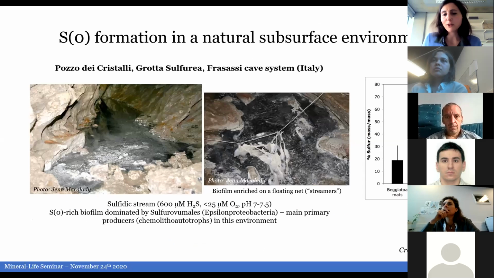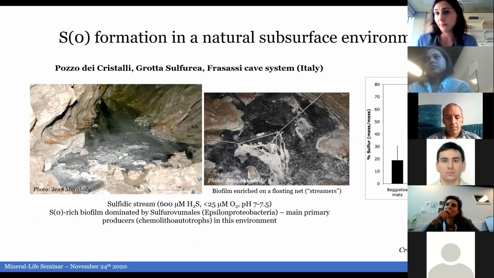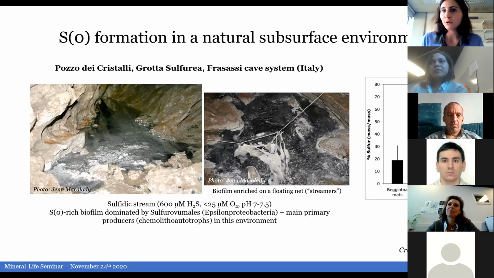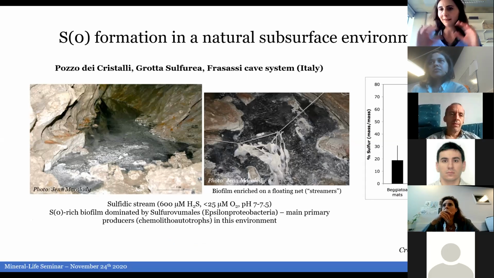So the only reason I can think of, because I agree with you, it sounds like a stupid thing to do, sharing your food with others. It's like putting your fridge in the streets instead of inside your house. The only reason I can think of is that you can store much more sulfur extracellularly than intracellularly. If you store it intracellularly, you're limited by the dimensions of the cell.